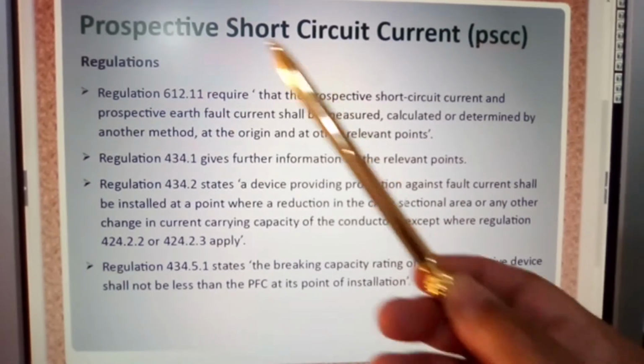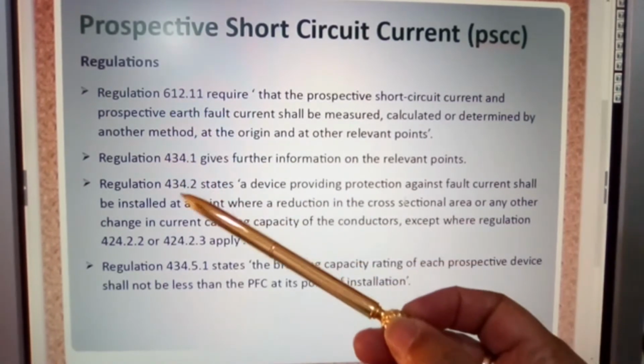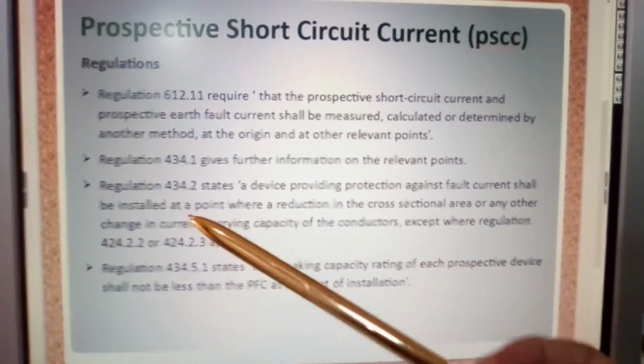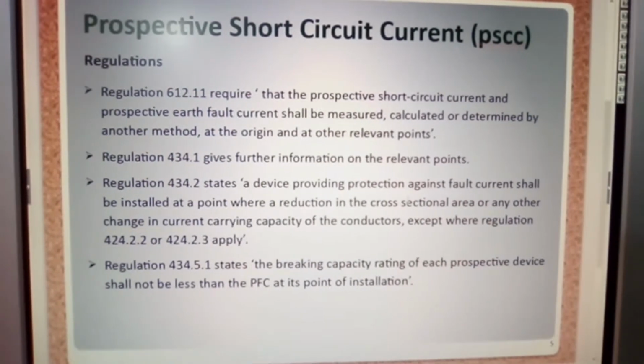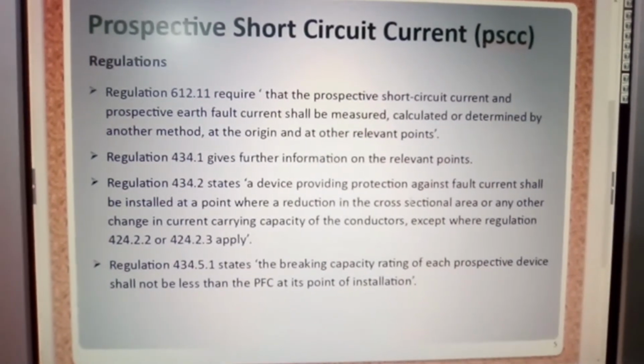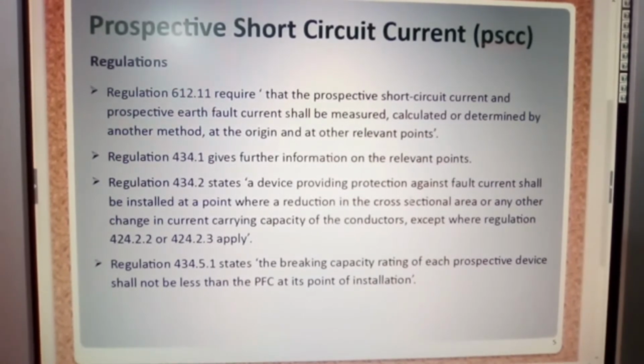Okay, now all these regulations need to be taken into account to make sure that you are familiar with any changes which may have taken place in the new or any later editions yet to come out. Okay, that is your job. Make sure you are compliant at all times with the IEEE regs.